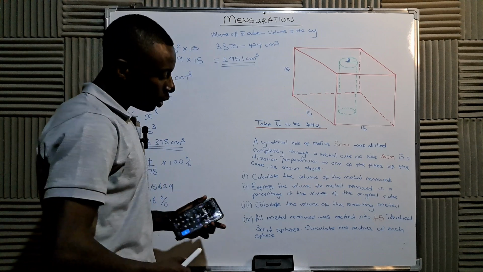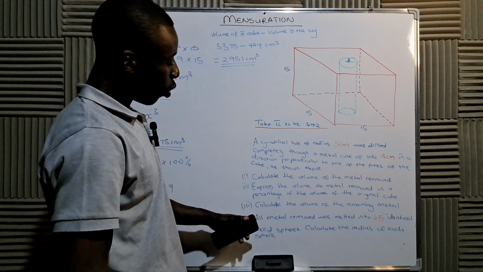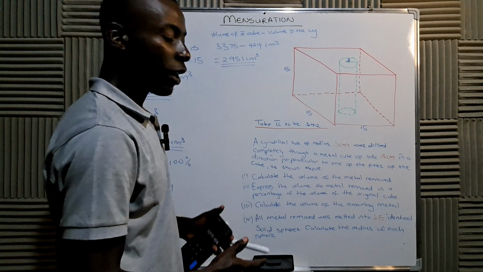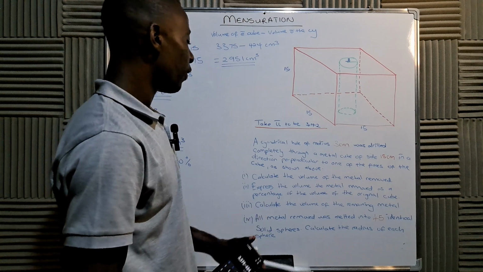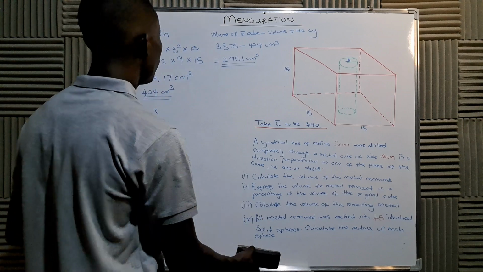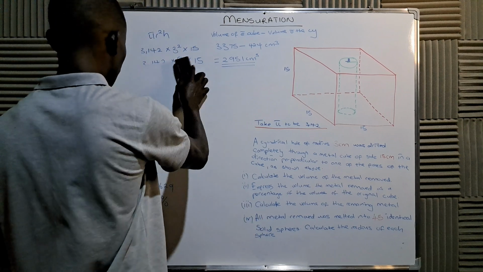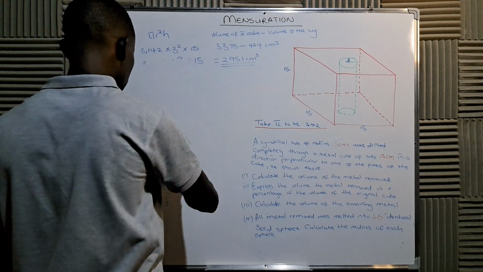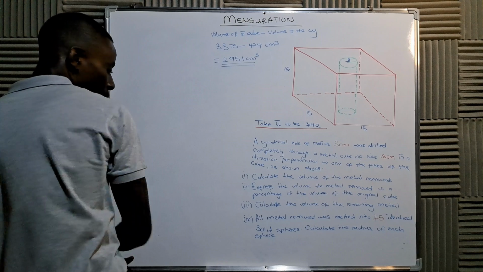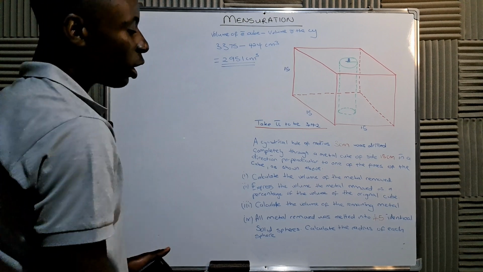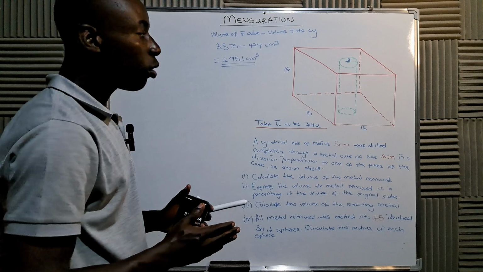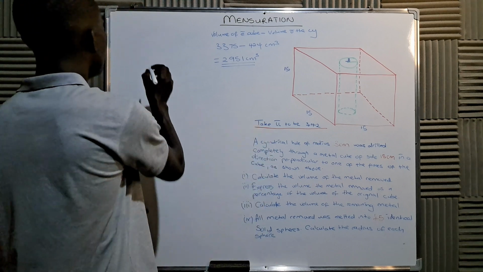And the fourth part is saying all metal removed was melted into 45 identical solid spheres. Calculate the radius of each sphere. So let me rub off this. So our first step here is to check the volume of the removed part, which is a cylinder.